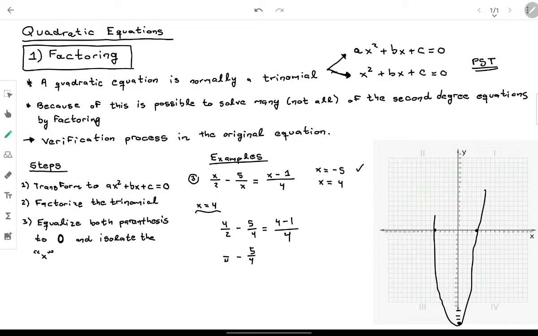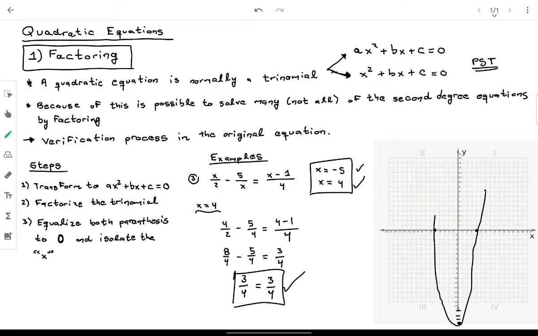Here it's going to be multiplied by 2, so it's going to be multiplied by 2 also, equals 3 quarters. So it's going to be 8 minus 5, which is 3, so 3 quarters equals 3 quarters. So we can check that the left side equals the right side. So in this case, the second one is also correct. And that way we will be able to verify the answer of the quadratic equation.